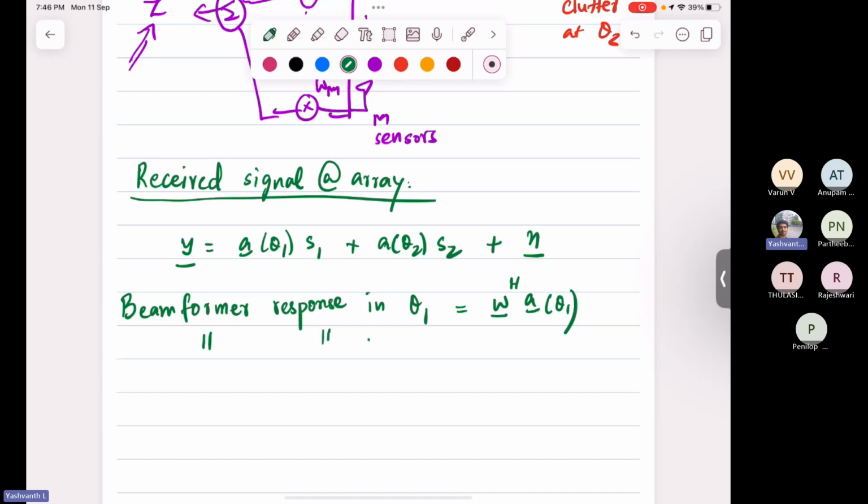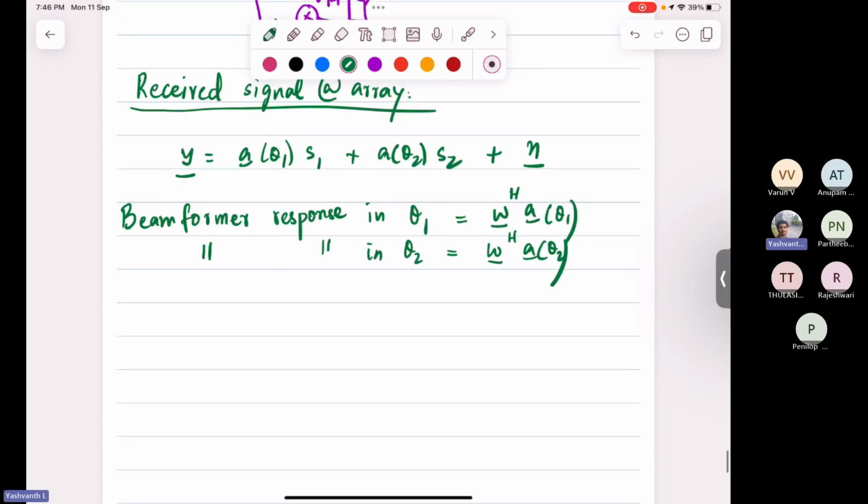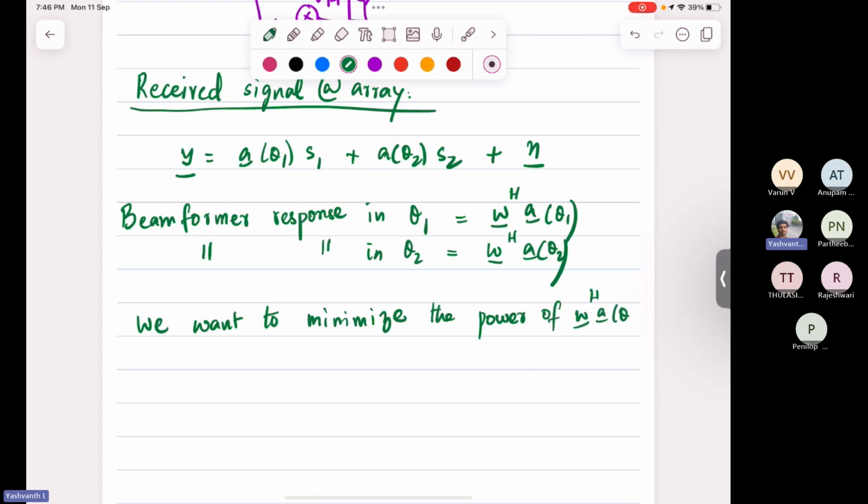Similarly, the beamformer response in theta2 direction is given as W Hermitian a of theta2. It is the inner product of the beamforming vector and the array vector corresponding to theta1 that is the beamforming response in theta1. Similarly defined for theta2. Now, we want to minimize the power of W Hermitian a of theta2. So can anyone tell me what is the minimum value of this inner product W Hermitian a of theta2?